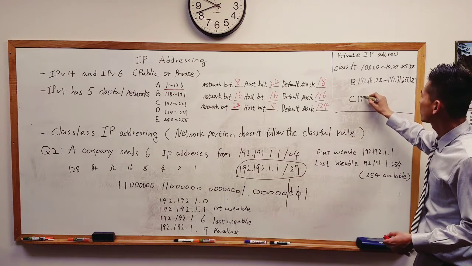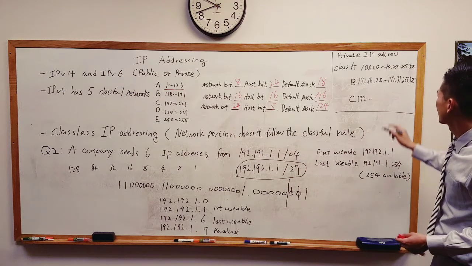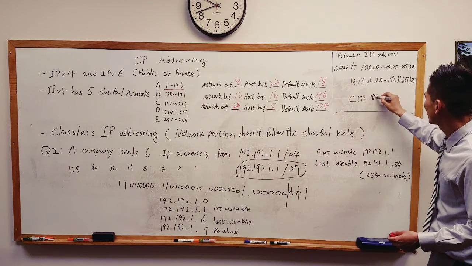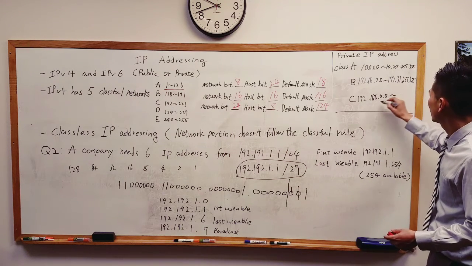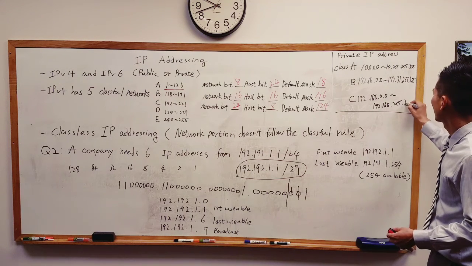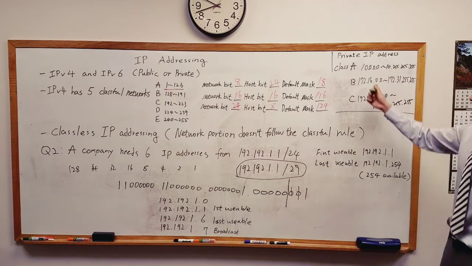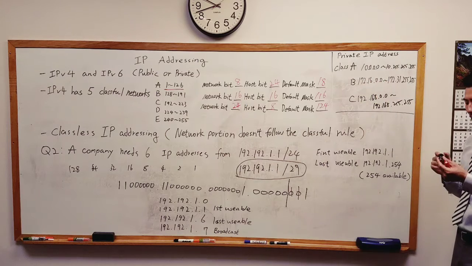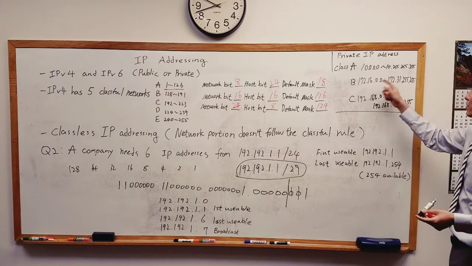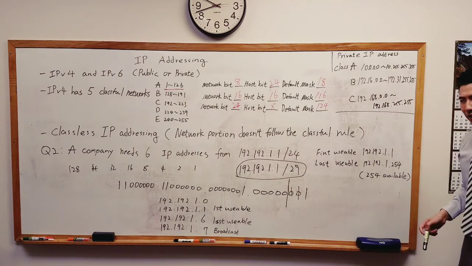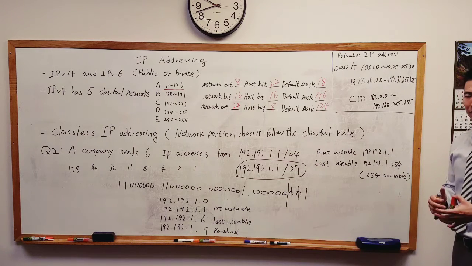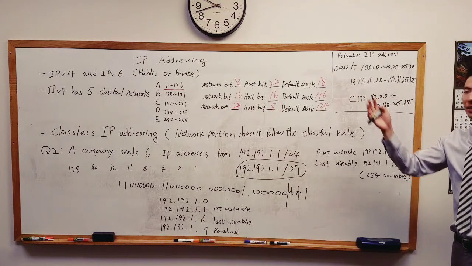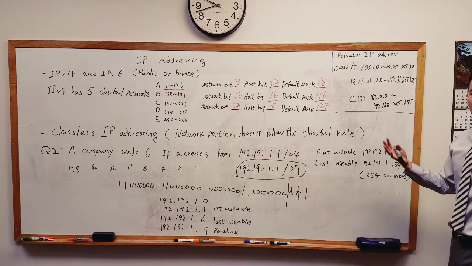And for class C, this is 192.168.0.0 through 192.168.255.255. So if you see any IP addresses that fall within these ranges, it's private. They're not routable in the internet world. They can only be used within.